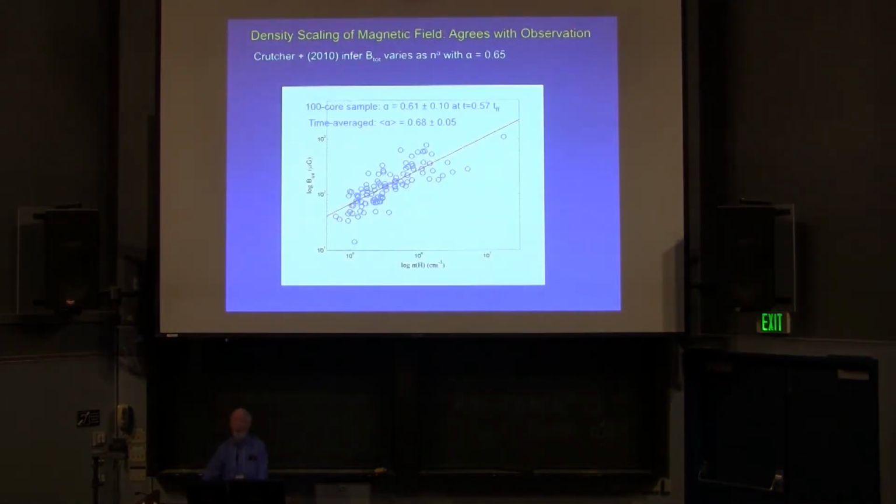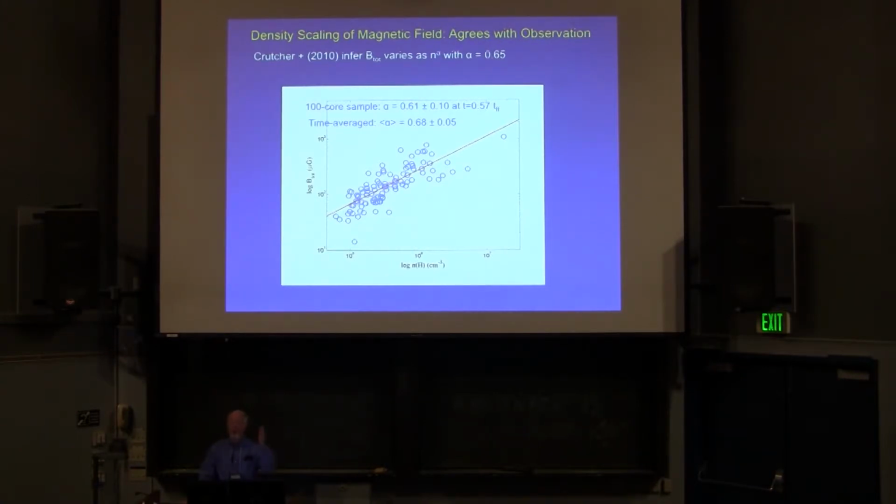Okay, so the first result we find is that we get a scaling of the magnetic field that agrees with observation. As I pointed out, Crutcher and company found that the total field varies as n to the alpha, with alpha of 0.65. What we find in this 100 core sample, at this fiducial time that we're picking to analyze the data, is alpha of 0.61 plus or minus 0.1, so that's consistent.